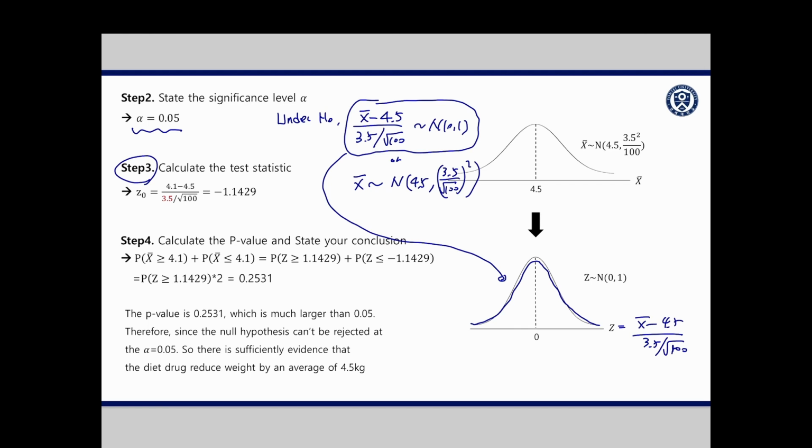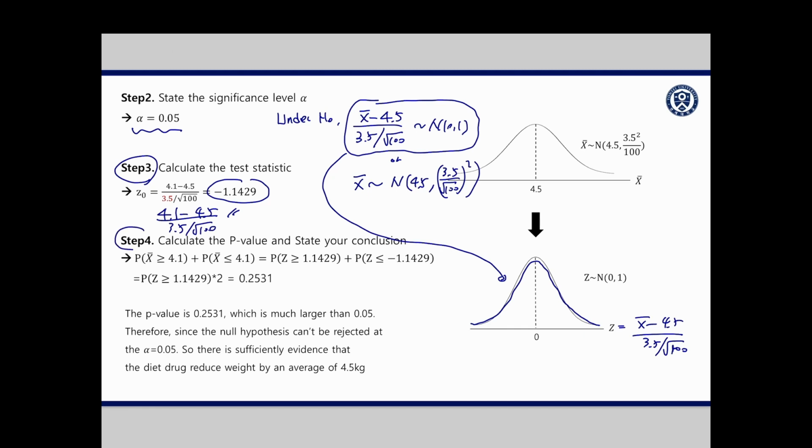In the Z distribution, the test statistic is like this: 4.1 minus 4.25 over the standard error. So we can get minus 1.1429.